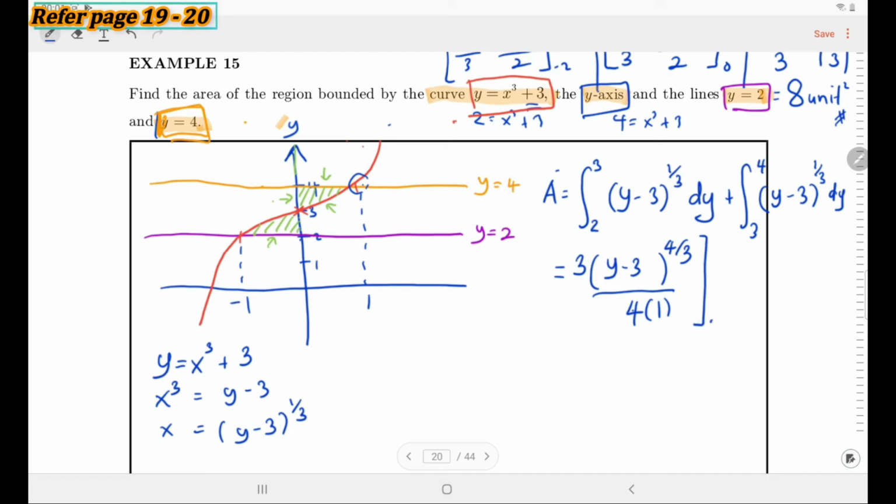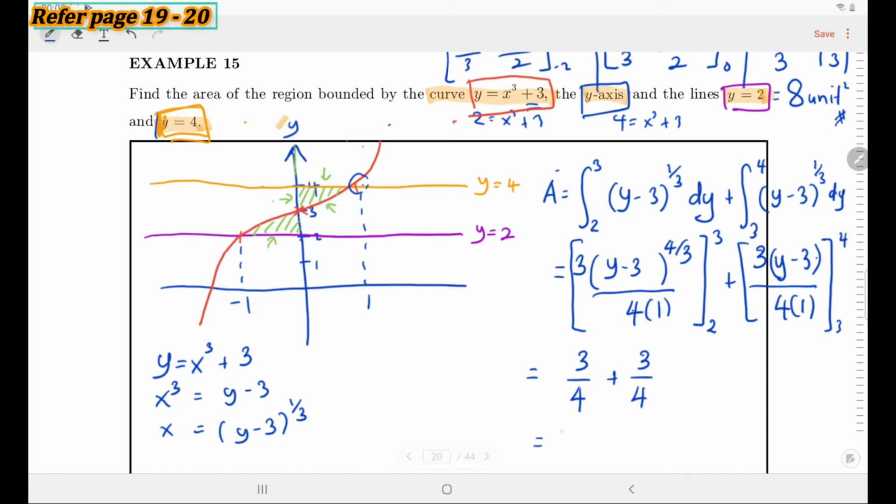The limit is from 2 to 3, plus here we get the same integration from 3 to 4. So it equals 3 over 4 plus 3 over 4. The final answer will be 3 over 2 units squared.